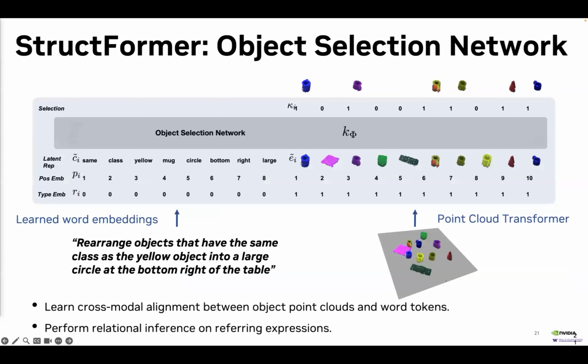Okay, so the high level idea is we first have an object selection network where the input is, for example, a language message like, okay, rearrange objects that have the same class as the yellow object into a large circle at the bottom right of the table, something like that. And then we take all the point clouds of the individual objects, and the output of the transformer is first to select which of the objects the robot should rearrange that are relevant for this task.